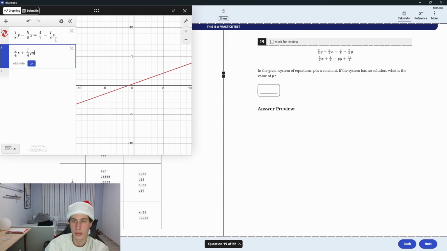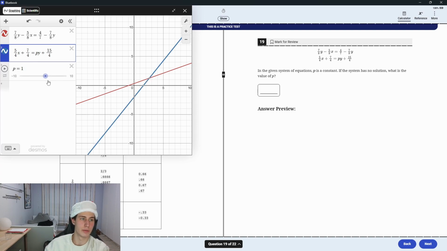My goodness. Py plus... and we have to find a slider for P.